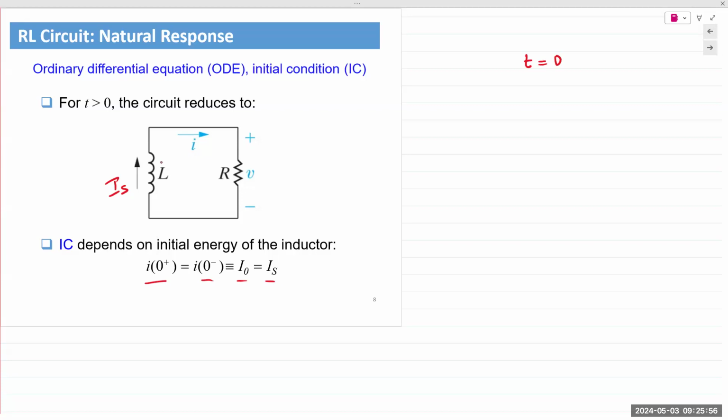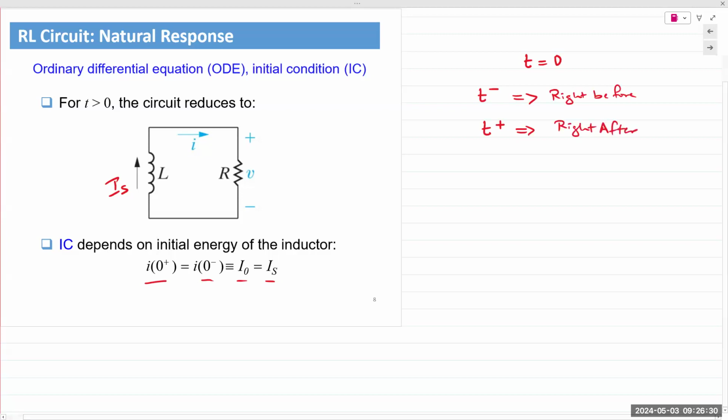Then we can refer to t minus and t plus. t minus simply means the time right before, and t plus means the time right after. It doesn't have a specific value. It simply means right before and right after.